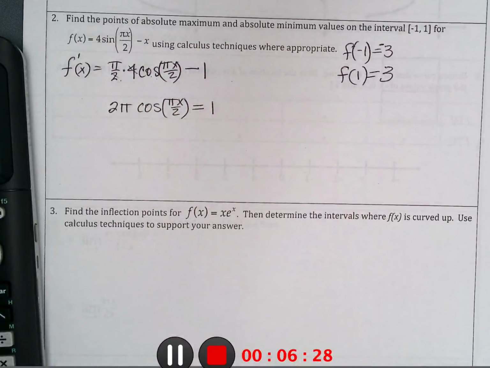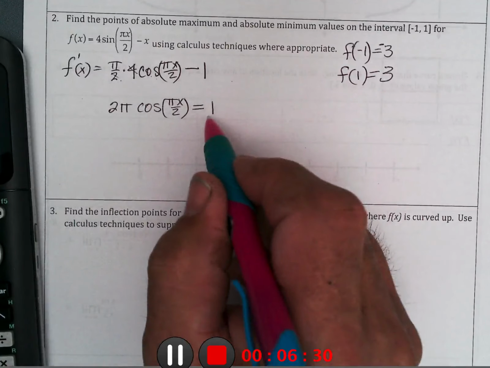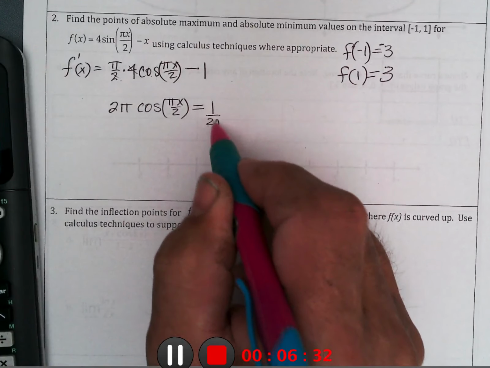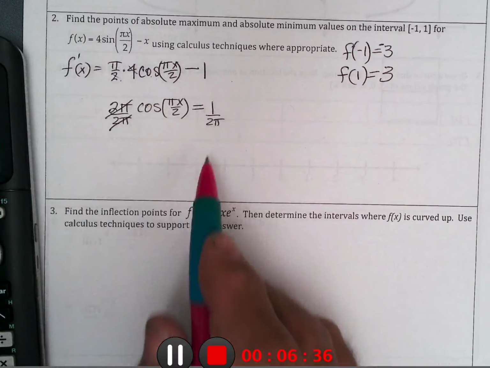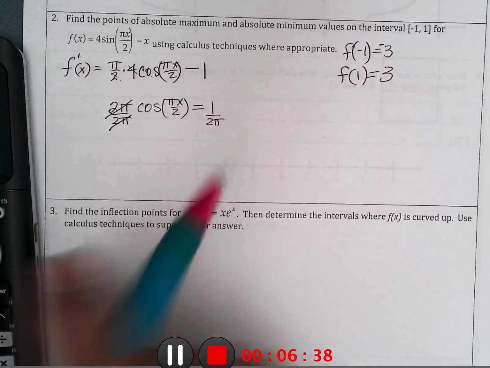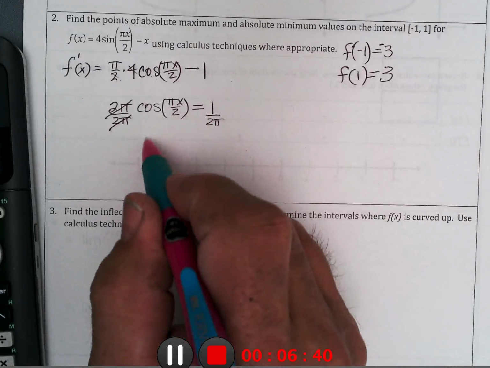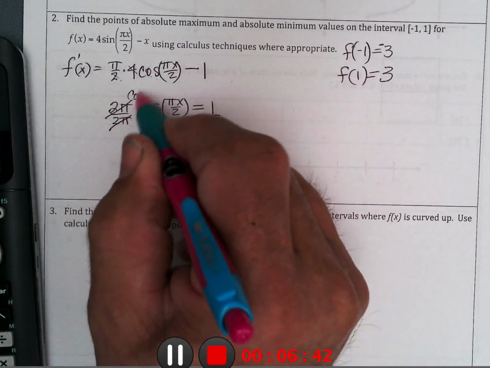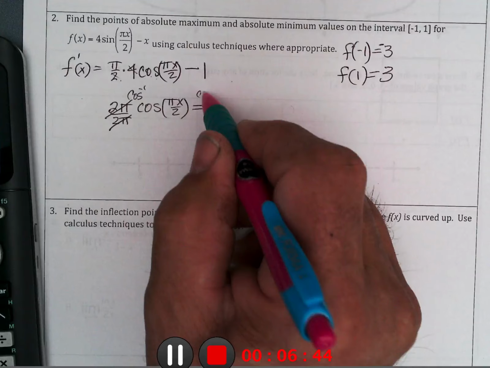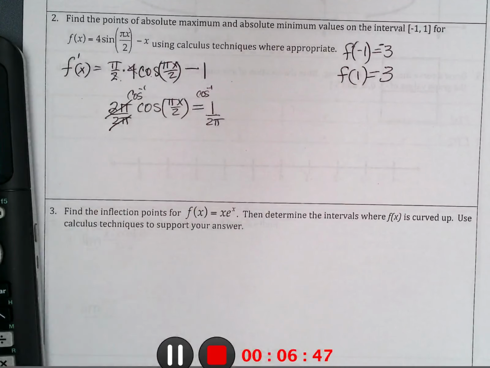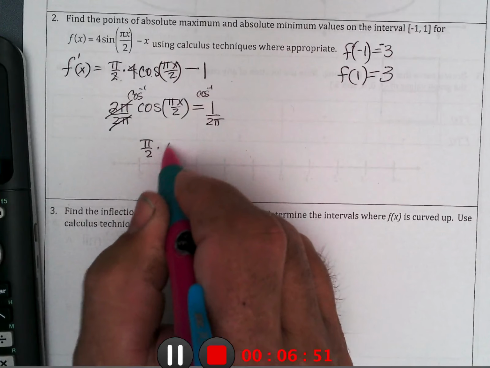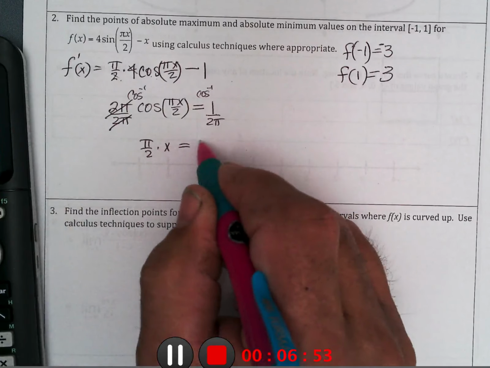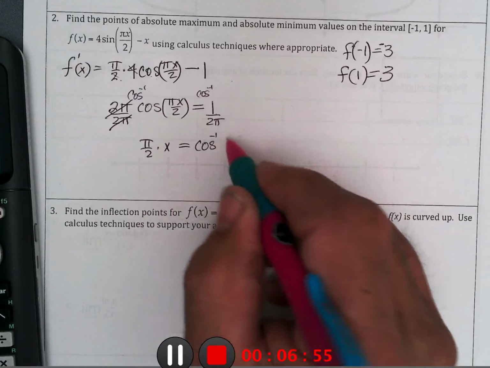So then I divide by 2 pi on both sides. So I got to get the cosine equal to this, so I take the cosine inverse of both sides, and I'll get pi over 2 times x equals the cosine inverse of 1 over 2 pi.